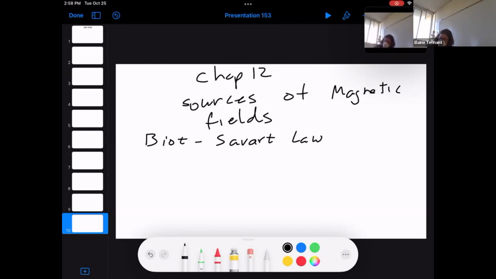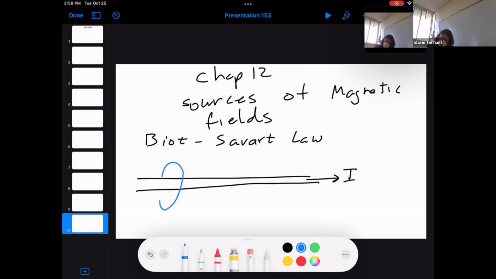So if I have a wire like this, and if I put a current through this wire, one thing that you will see is that it will make a magnetic field in a loop that's kind of perpendicular to the current, right? So, oops, my arrow's in the wrong direction. It will make a magnetic field in a loop, but this B field should be pointing like this.